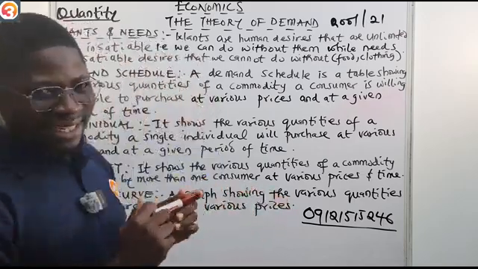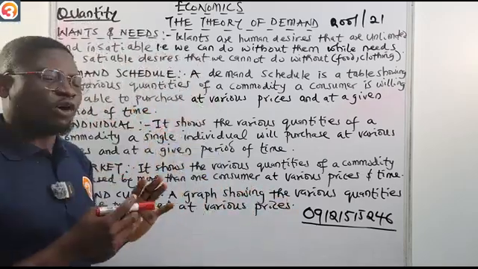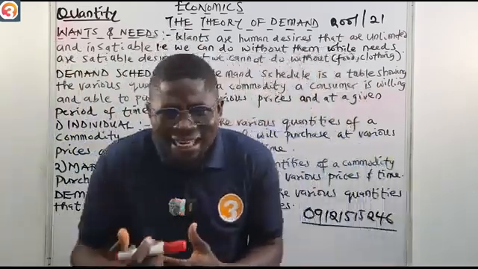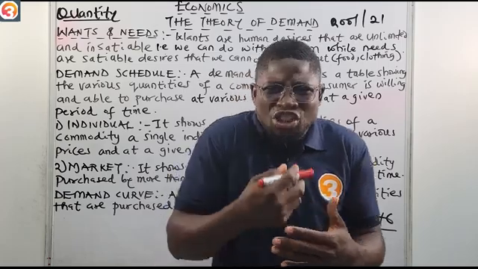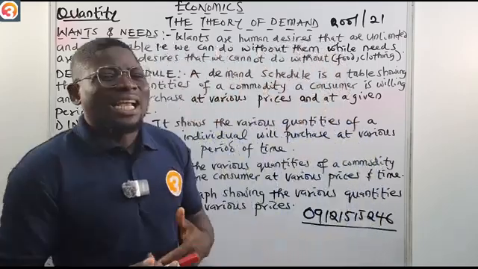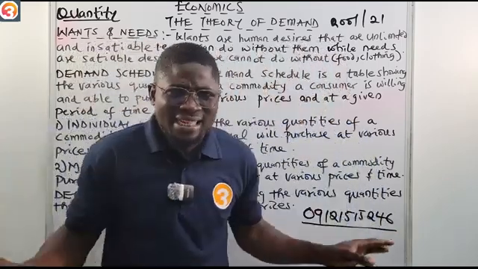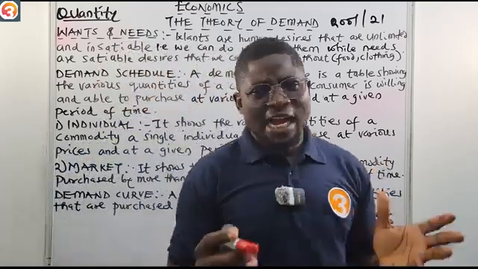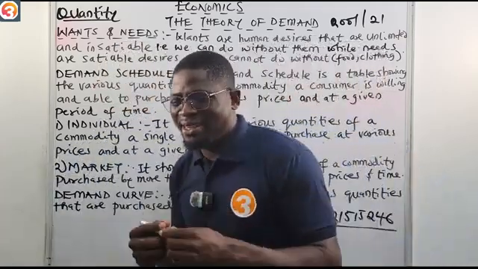That is what demand is. Demand is the quantity of commodity that a consumer is willing and able to purchase at various prices, at a given period of time. So that is what demand is.